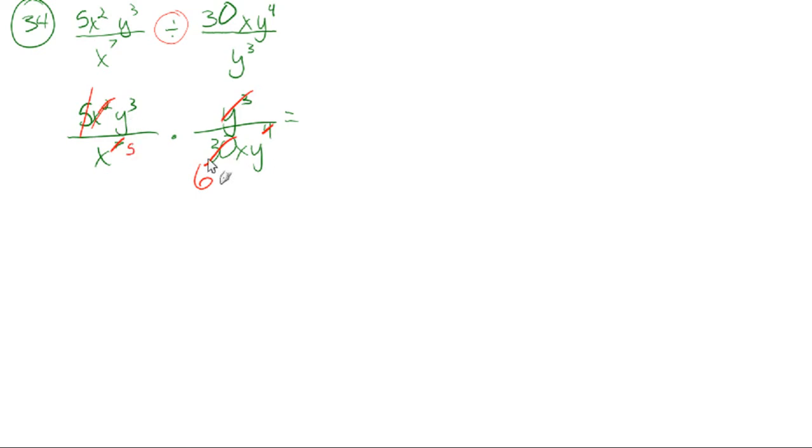Now let's cross cancel if possible. The only thing left up here is y to the third, 3 factors of y, which this one that's left here could cancel with one of those, and we'll be left with 2 factors, and that's it. There's nothing else in the numerator to cancel with anything in the denominator.